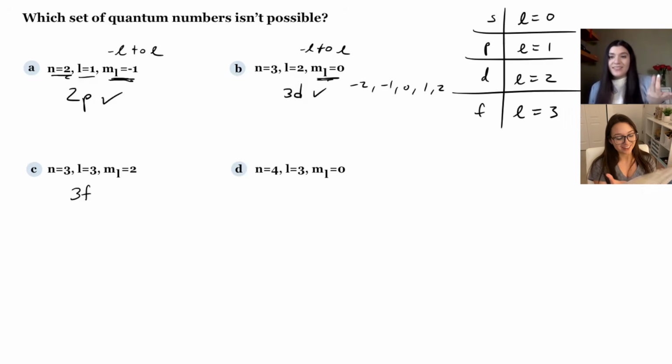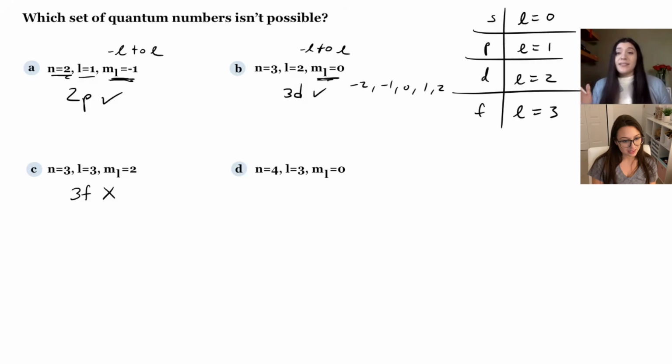Yes. Cool. I forgot that one. So that's why this doesn't exist. It can't work, because the lowest n value that we could have for f is 4. So really only 4f and 5f exist, not 3f. That's why this is wrong.